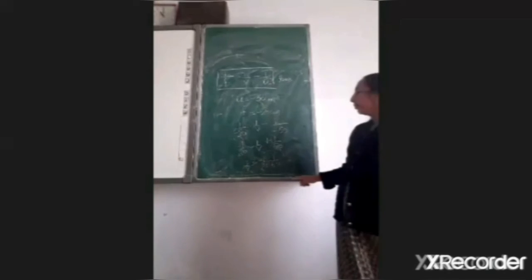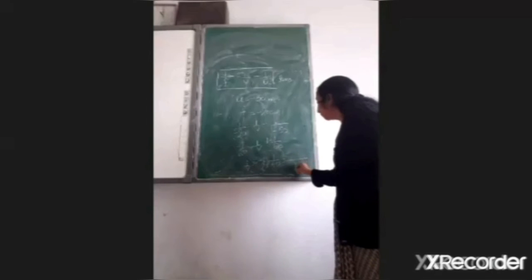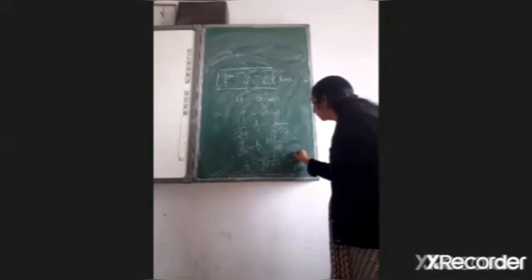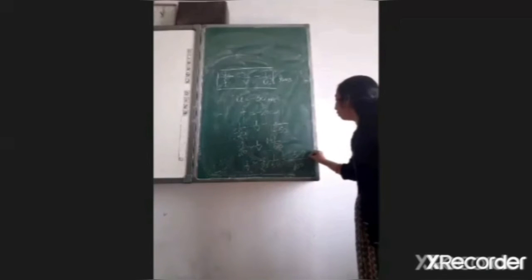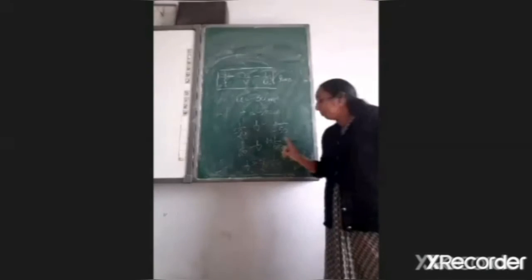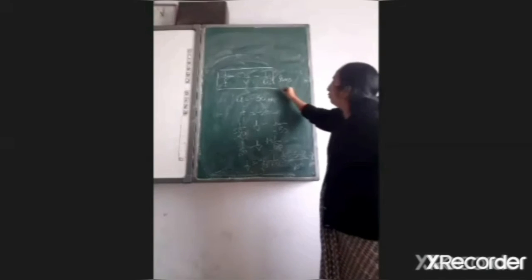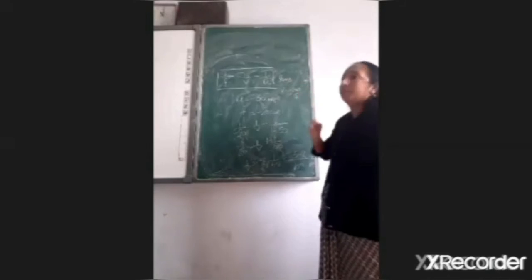The LCM of 20 and 50 is obviously 100. Minus 7 upon 100. 1 upon v is equal to minus 7 upon 100. That means v is equal to minus 100 upon 7.